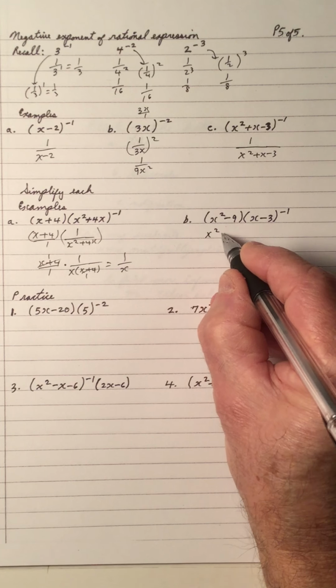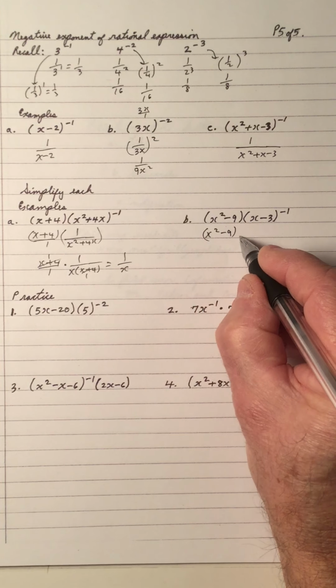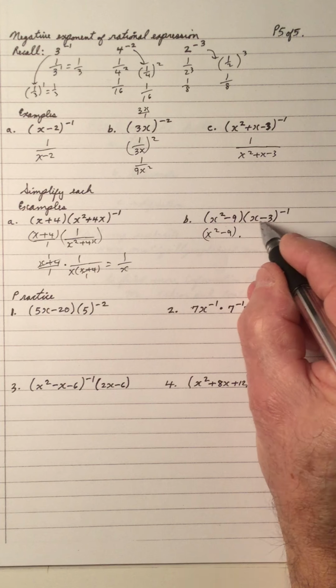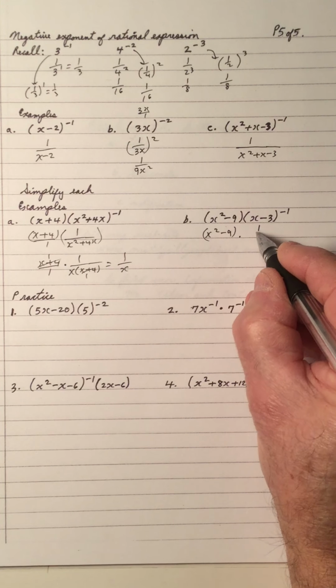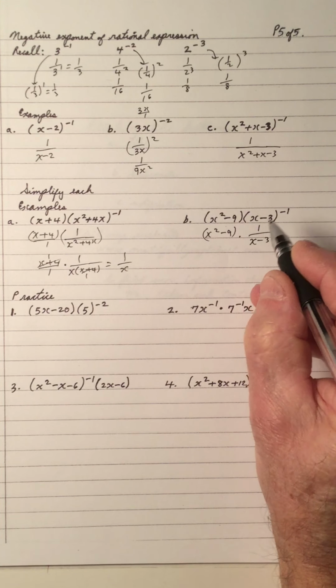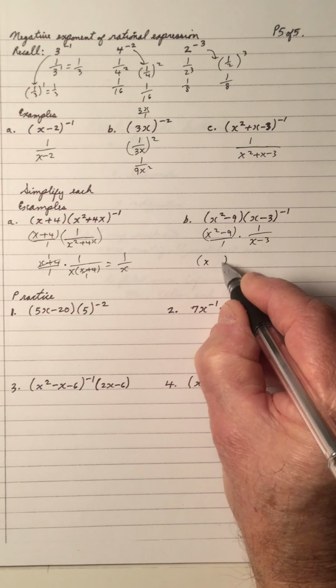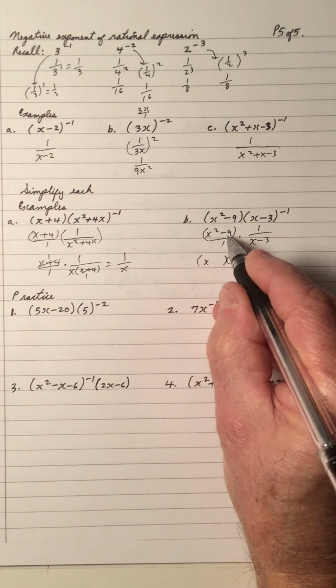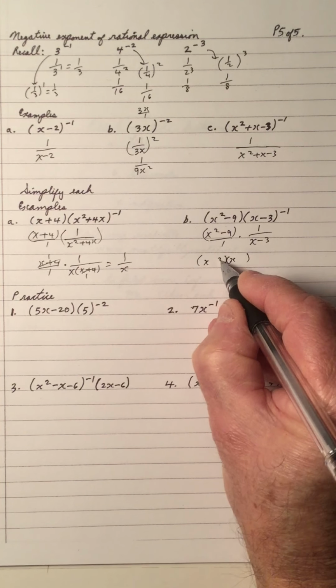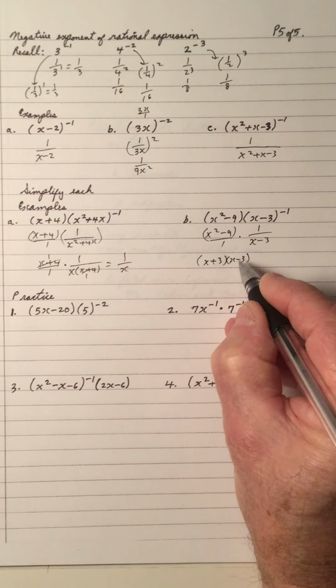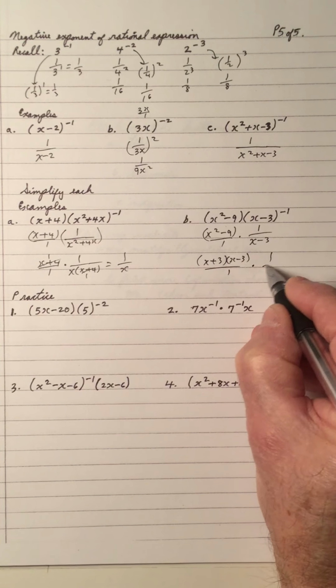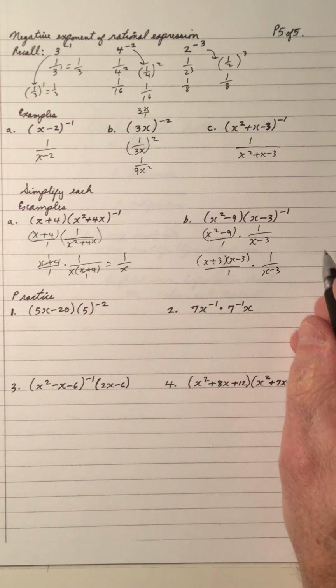So it's an x squared minus 9. And x minus 3 to the 1 power is 1 over x minus 3. Put over 1. So that's x squared minus 9 is x and x, 3 and 3, plus minus, over 1 times 1 over x to the negative 3.